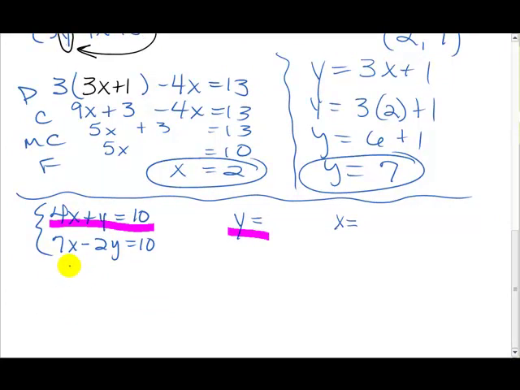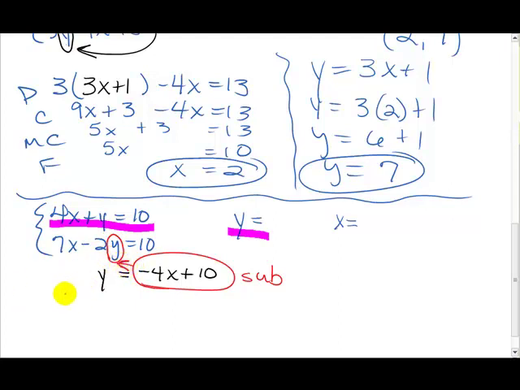And I'm just going to do that right underneath here. So y equals negative 4x plus 10. Now I can use this as my substitute for the y in the other equation.